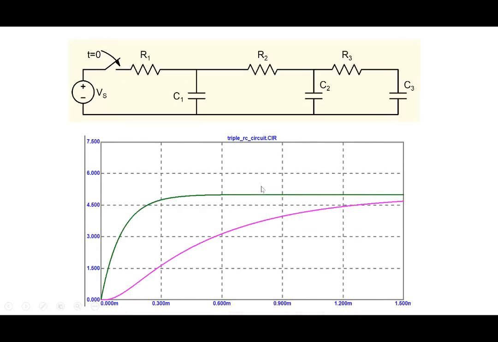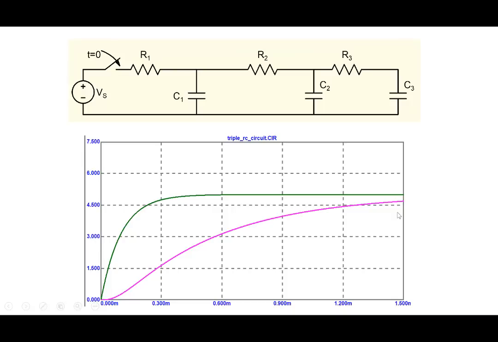Okay. So we'll leave you with this particular problem. We are not asking you to solve this problem. We have a 3 capacitance circuit. At time t equal to 0, the switch is closed. We have shown you 2 curves with voltage varying with time.